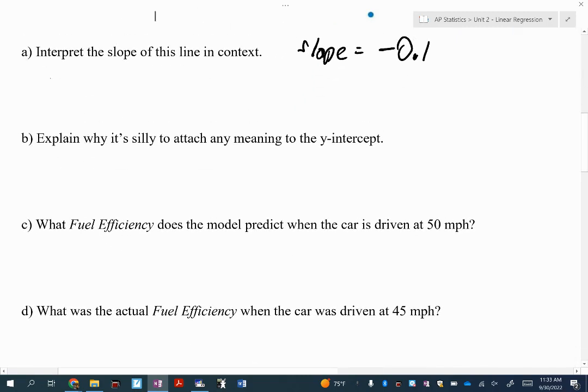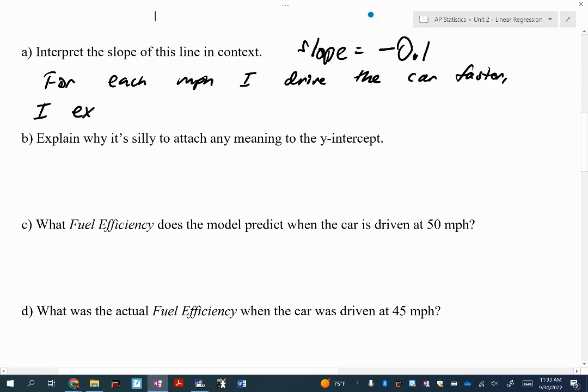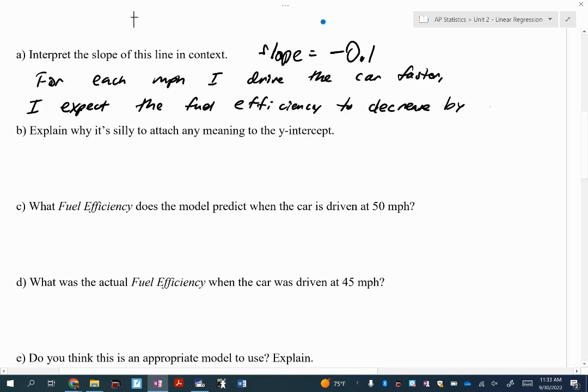Okay. So for each mile per hour I drive the car faster, I expect the fuel efficiency to decrease by 0.1 miles per gallon.